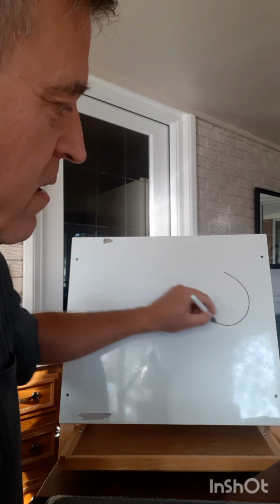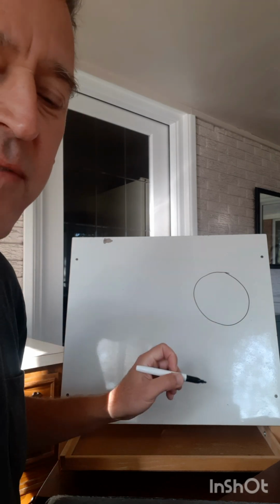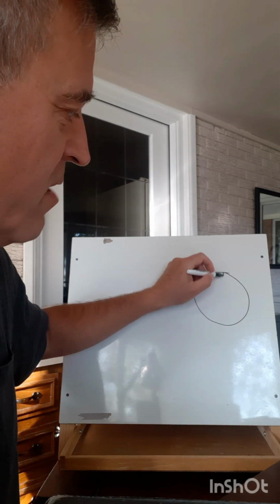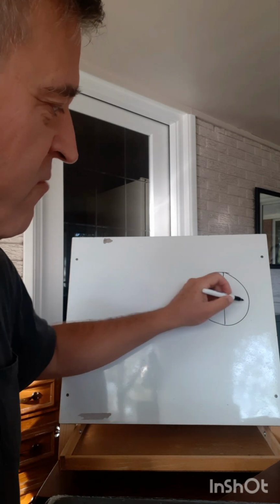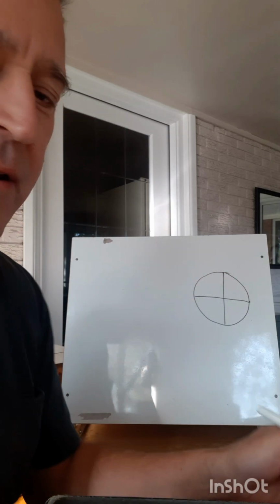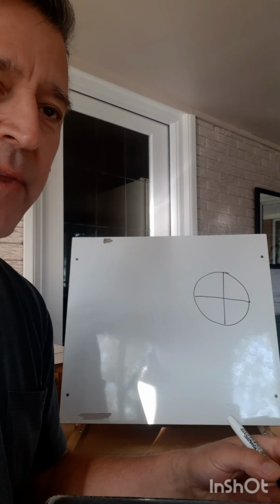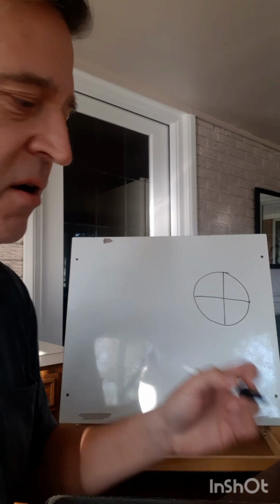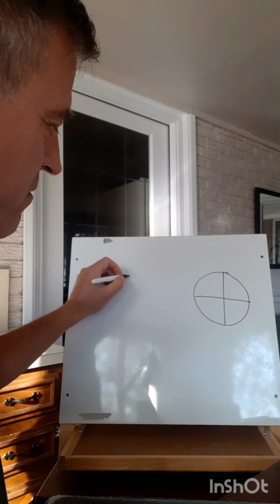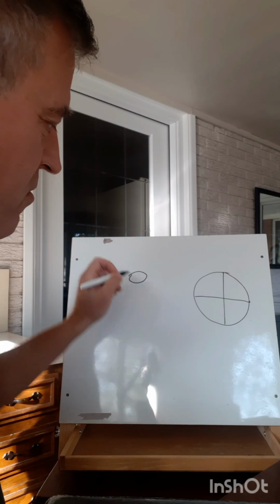Here's your pie, and you're going to divide that pie in half so that you have two pieces, and then four pieces. How that relates to rhythm is you start out with what they call a whole note, and the whole note is just this circle.